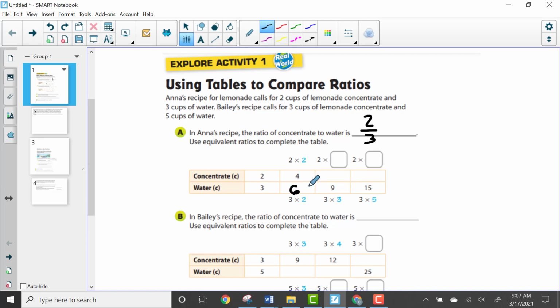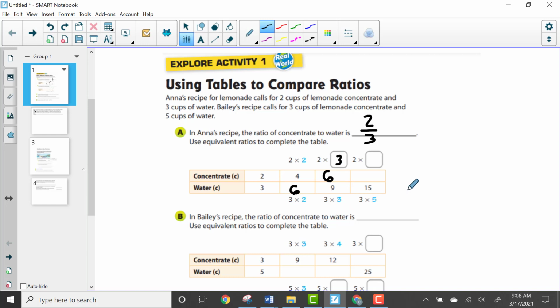Now we're not just adding 3 to both. What we need to do is take a look at the original ratio and figure out what happens to get to 3 to 9. Multiply 3 times 3 gives us 9, therefore 2 times 3 gives us 6, and we'll write that down there. We can also see we multiplied 2 times 3 to get this number.